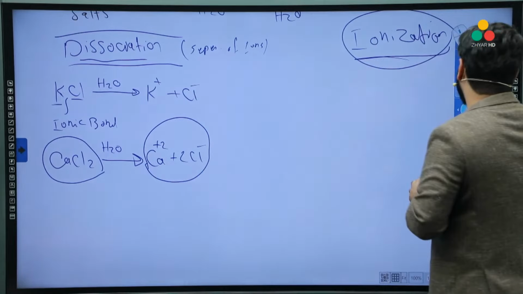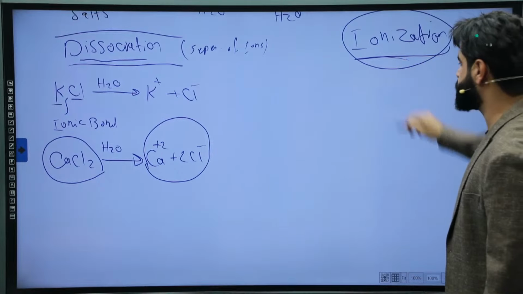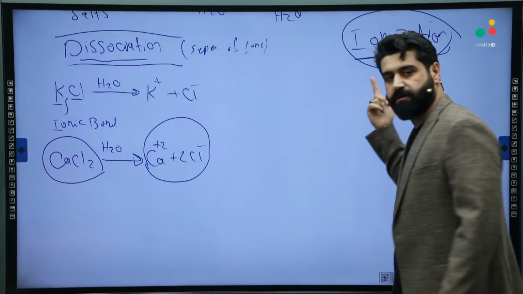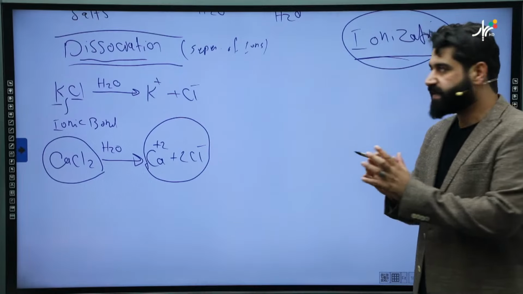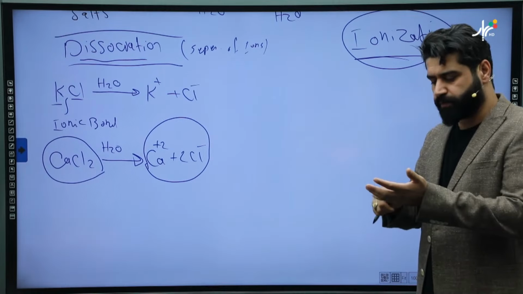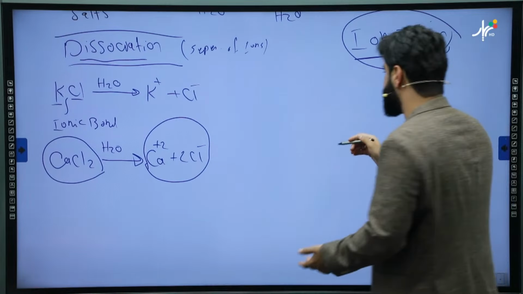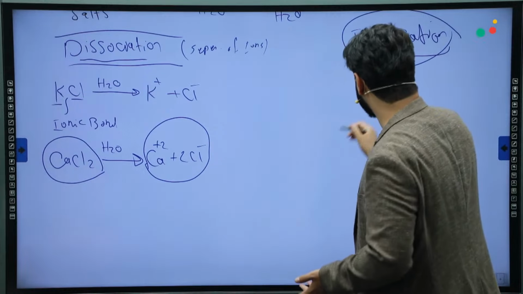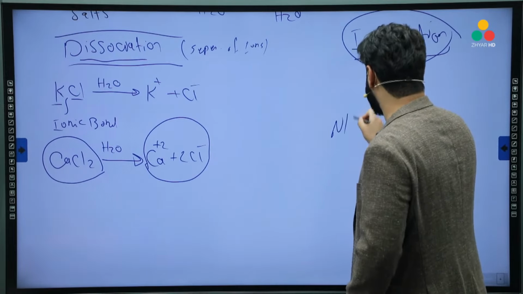Okay. But what about ionization? First of all, you have to know ionization is a process that's specific to polar molecular electrolytes, such as strong acids, weak acids, and weak bases. Okay, let's talk about a weak base. This time, NH3.